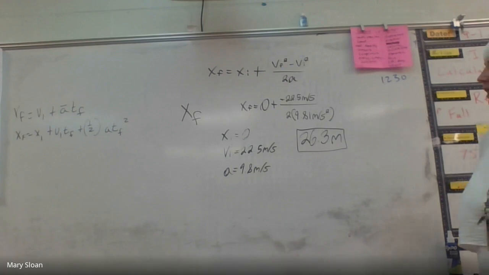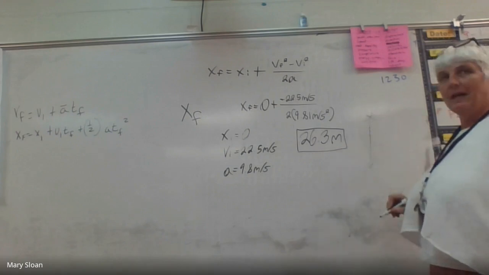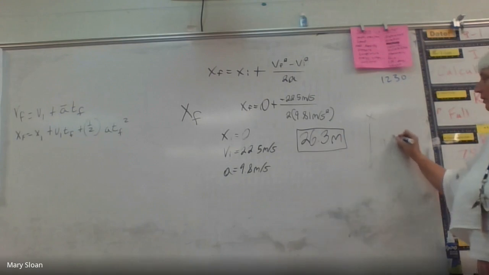Well, if we figure out how long it takes for it to reach the velocity of 0. Okay, so I know, no matter what position it is, gravity is 9.81 meters per second squared. Okay? So what else are we gonna do here?